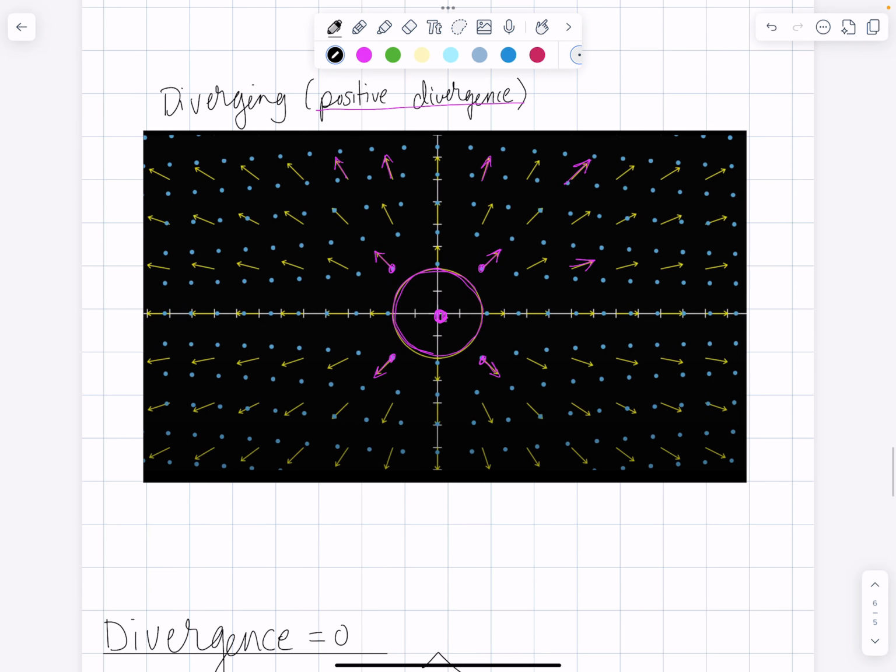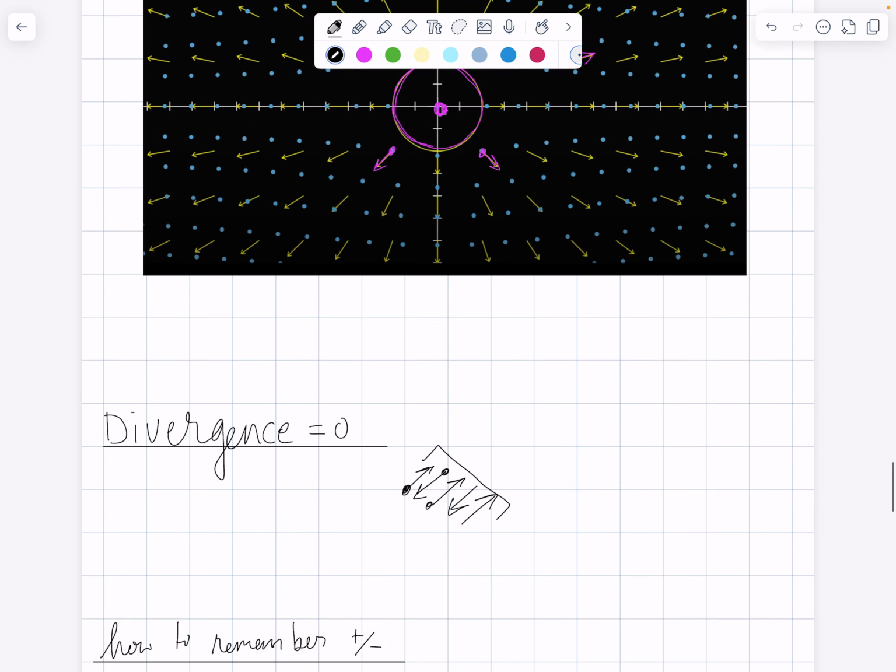Actually, let's go back and do another example of what positive divergence or diverging away might look like, because that can look like a bunch of different things. Positive divergence could also be something along the lines of this. Let's say we're talking about this general region right here, and maybe we've got some vectors showing some particles coming in.